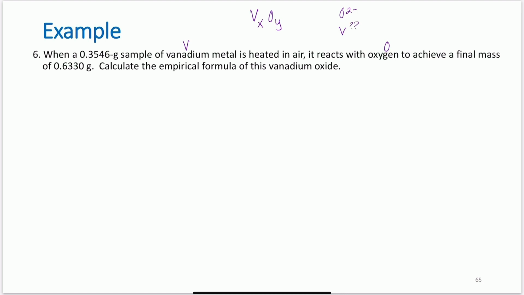So vanadium I have to calculate, oxygen I know will be -2. Basically, I have so many moles of vanadium reacting with so many moles of O2 to form this VXOY compound. And I'm not sure what that will be.